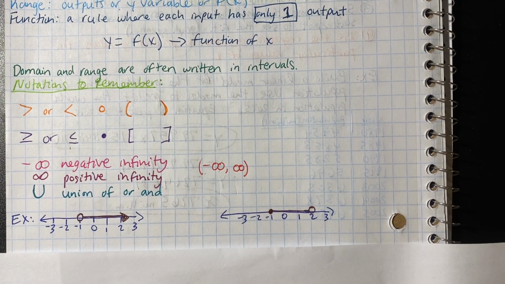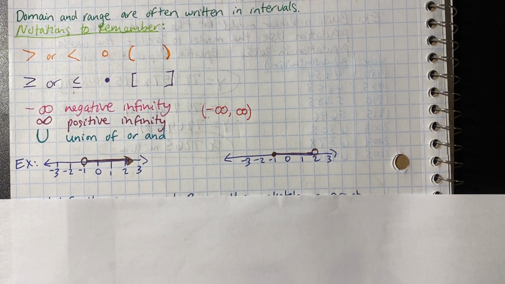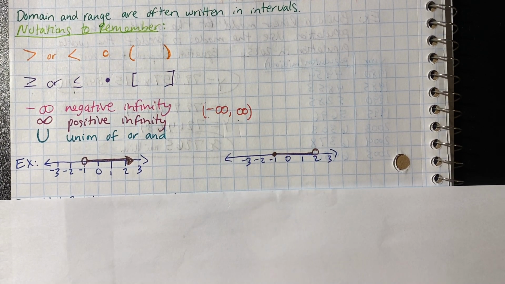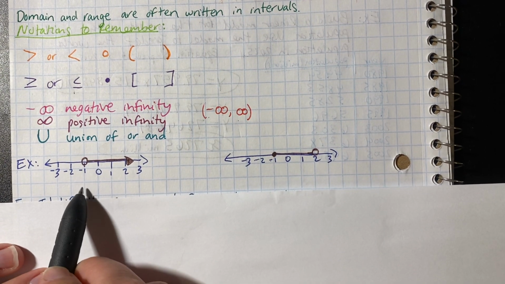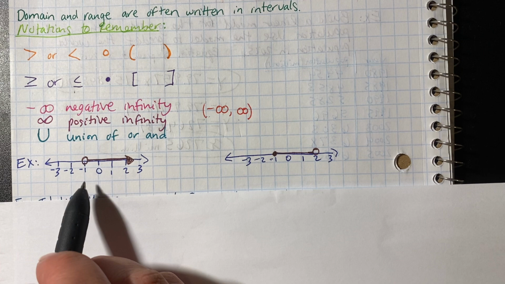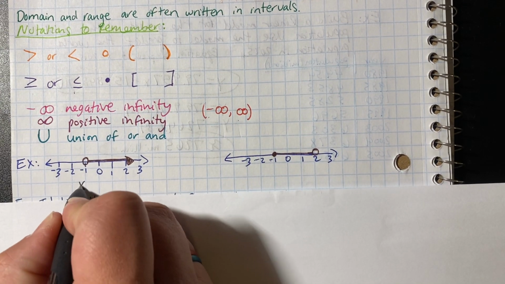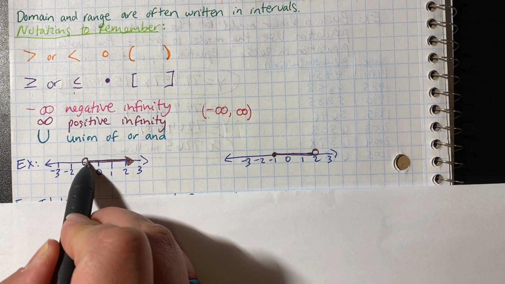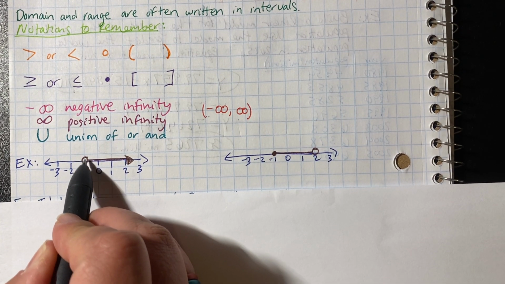So here's some examples. What we're going to do is write what this is saying. Okay, so what this one is saying is our x value, this symbol is going to be greater than or less than.